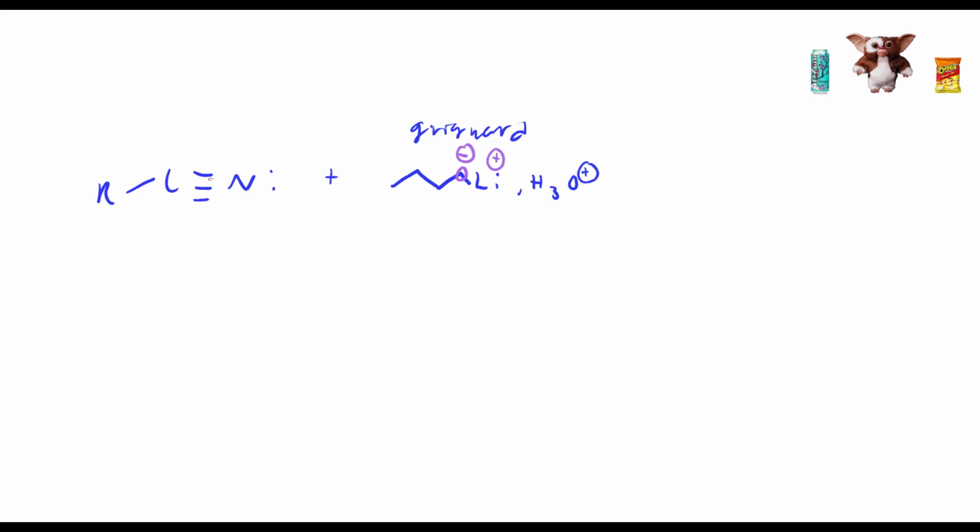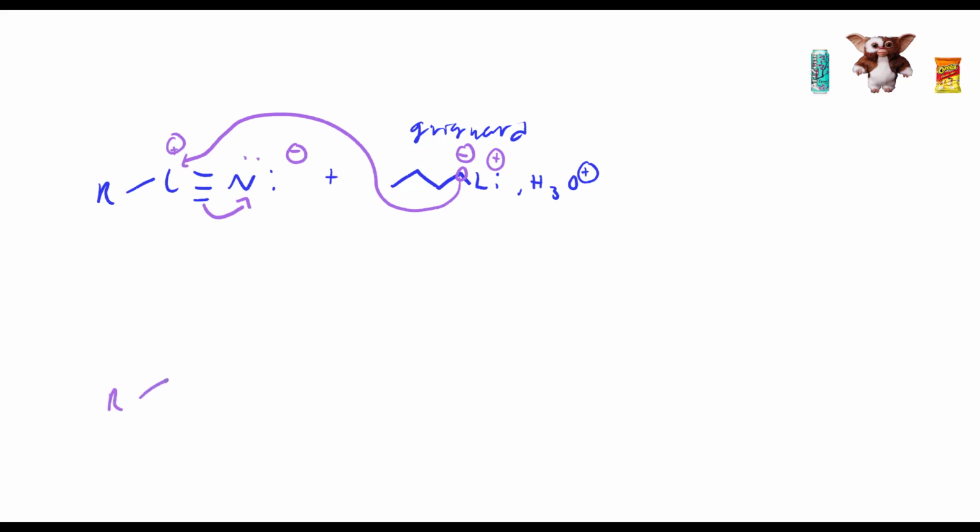What happens if I make this bond break towards the nitrogen? Well, then my nitrogen is going to be negative and my carbon is going to be positive, which leaves it able to be attacked by this negative carbon. So it's going to be attacked right there, and we now have this compound.